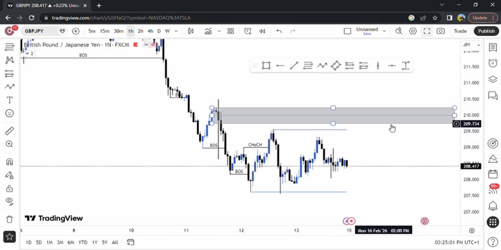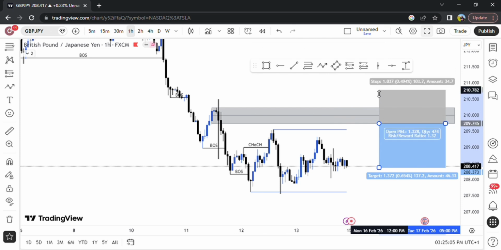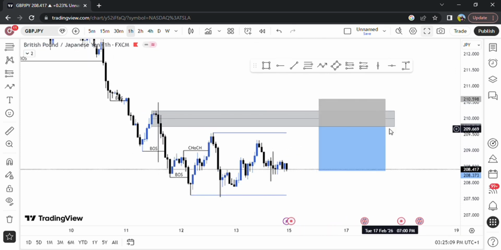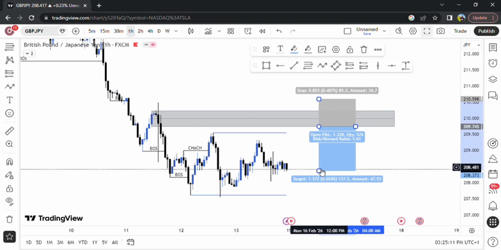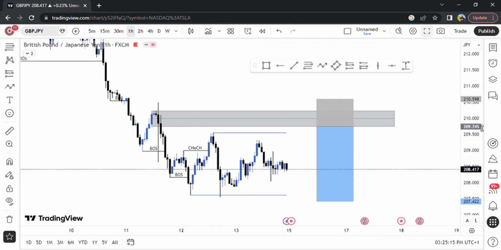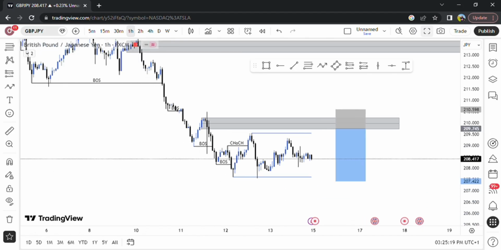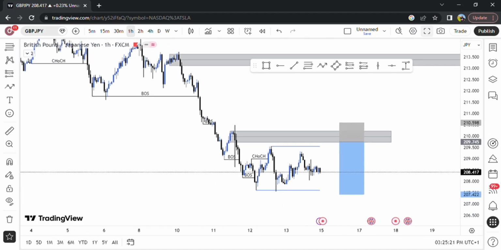Waiting for price to tap us in this particular place, this should be our entry, after seeing some confirmations. Without any confirmation, we are not entering. But with some confirmations, that should be our entry. You understand, guys?